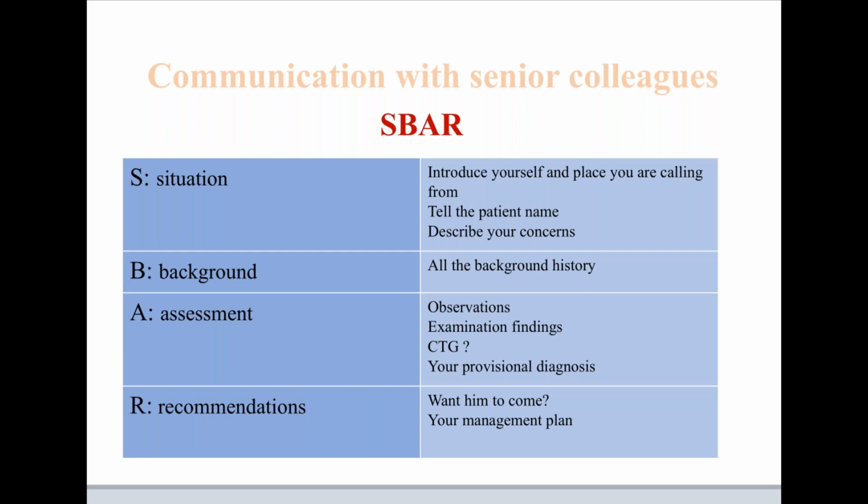First situation, then background, then your assessment. I assessed the patient and her observations are stable, but she is a little tachycardic. I examined her abdominally. The uterus is very lax, and vaginally she is having active vaginal bleeding.